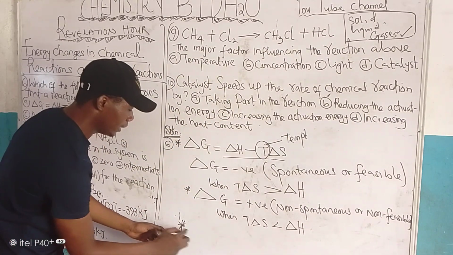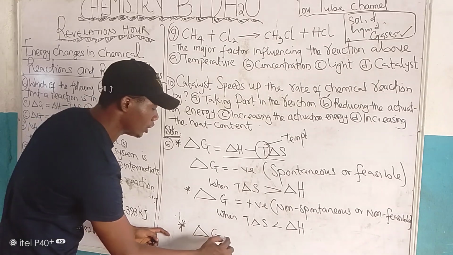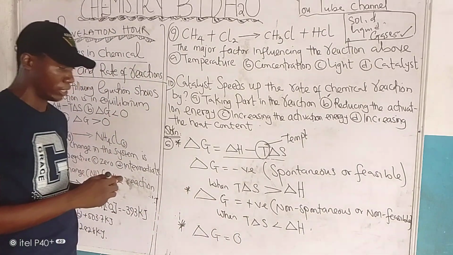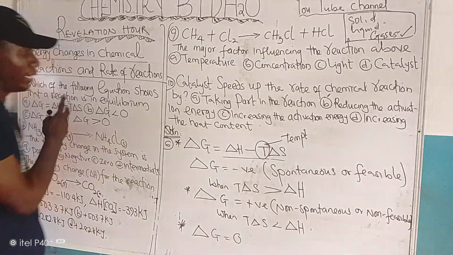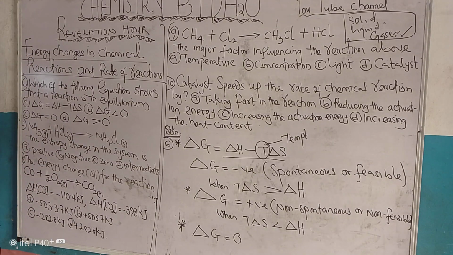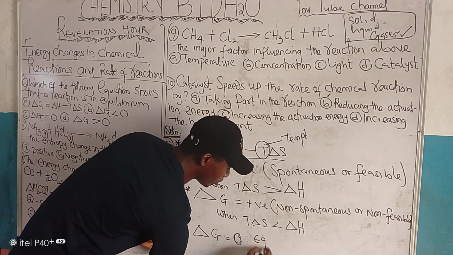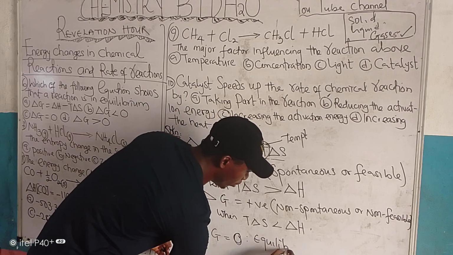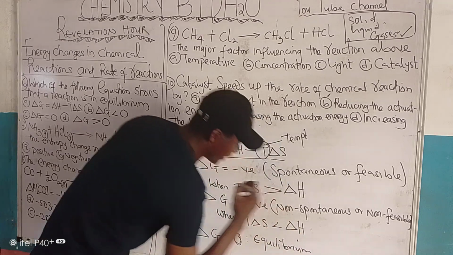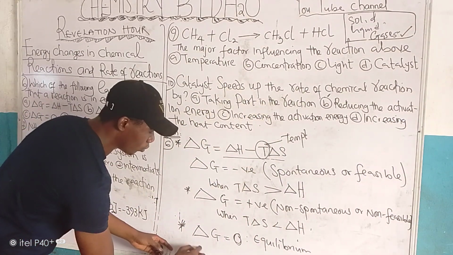Point number 3. Now, why I am doing all this is because if you see questions related to this particular nature, you'll be able to answer them, okay? If your Gibbs free energy is 0, the reaction is said to be in equilibrium. And it is in equilibrium when what?